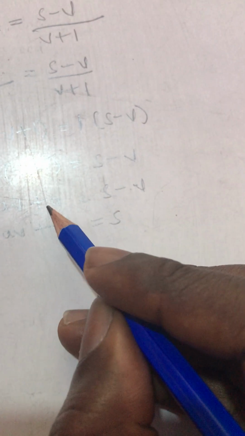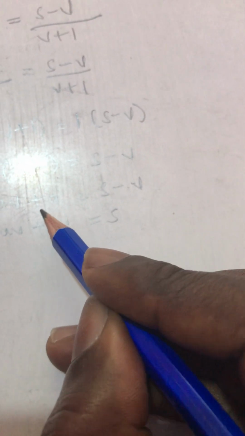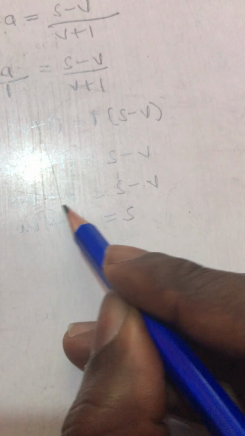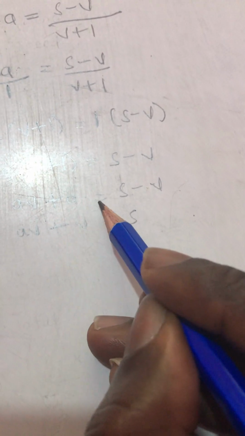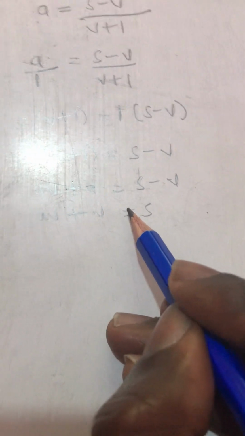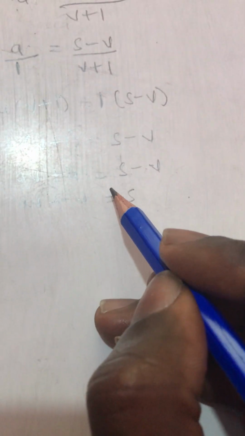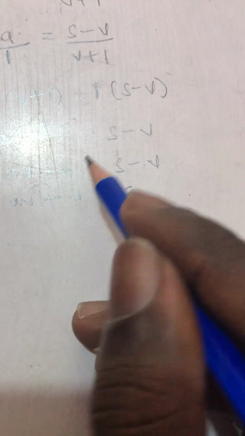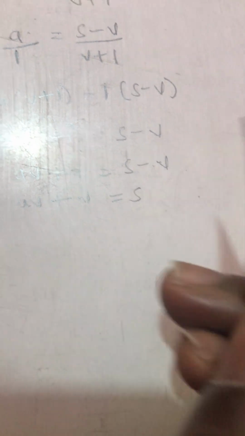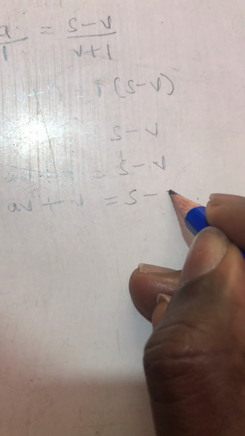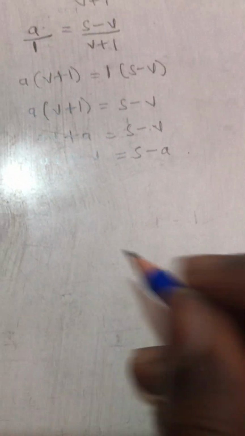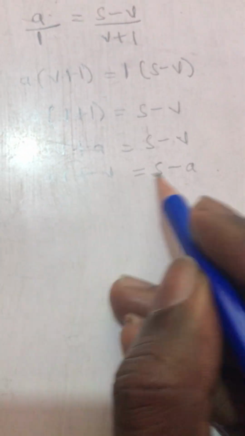And the other variable here, which is positive a, is a positive number. When it crosses the equal to sign, as explained earlier on, it will metamorphose into a negative number, so it becomes negative a, right? And here we form the equation.